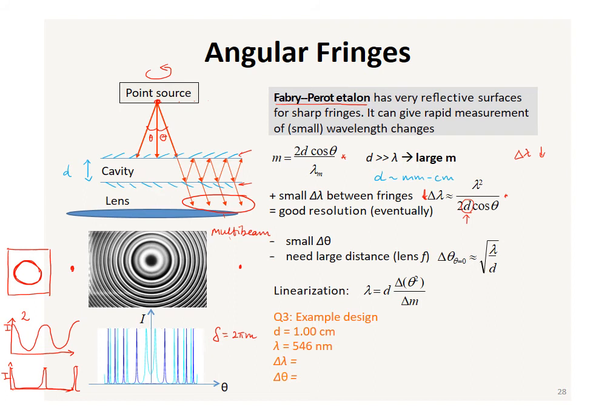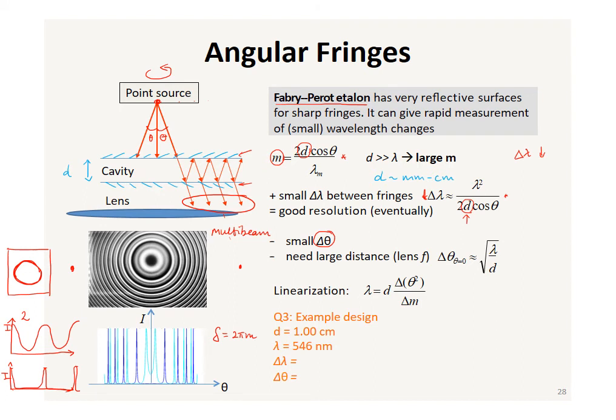So that's why our d is so large. The disadvantage is that if d is so large, then the orders m are going to be very big. We're going to see lots and lots of orders, and they're going to be, as you can see in the picture on the left, separated by very small angles, so they're a little bit hard to resolve.